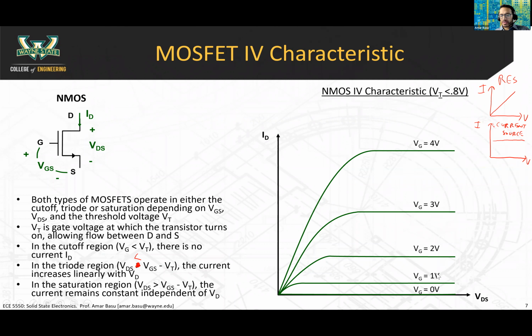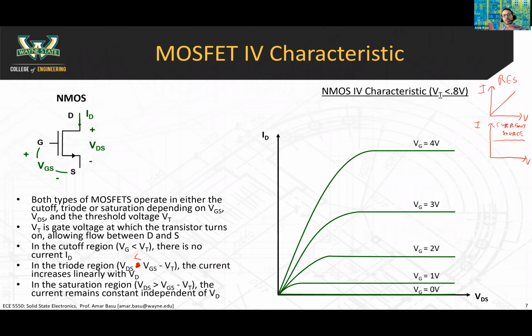It's actually a nonlinear function. You can see that when you jump from 1 volt to 2 volts, there's a certain distance here. When you jump from 2 volts to 3 volts, it's larger. When you jump from 3 volts to 4 volts, it's even larger still. So it's actually a parabolic relationship. We'll get to that later.